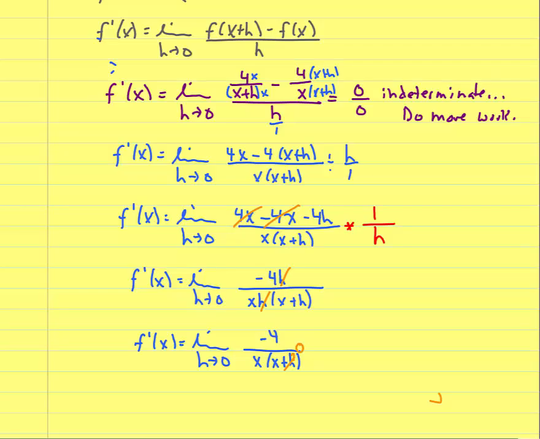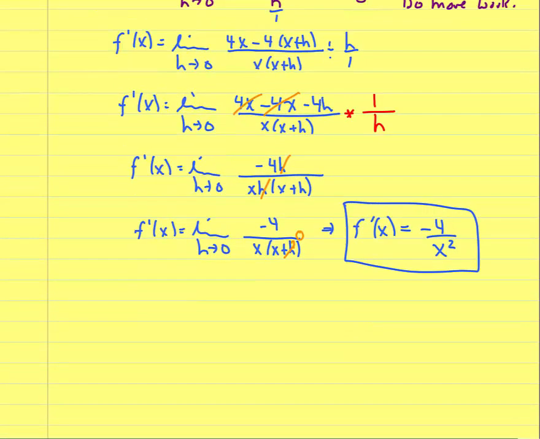Well, if that h goes to 0, what I'm left with then is f prime of x equals, the limit is gone, negative 4 over x times x, or x squared. So this is the general derivative of the function 4 over x.